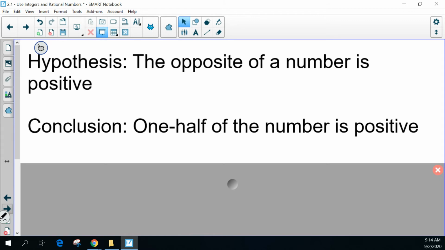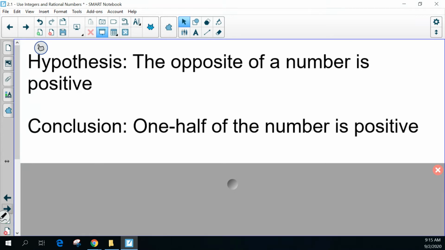Whenever something throws me off with the wording, I just think of a real number example. I put a number in there. So choose a number. 10. So if the opposite of 10 is positive, what's the opposite of 10? Negative 10.